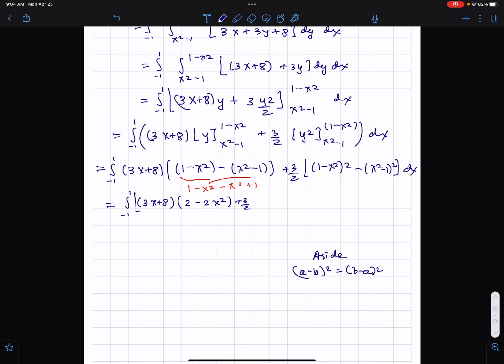Because, I mean, you can just check it out. A squared minus 2ab plus b squared, and this one is b squared minus 2ab plus a squared. I mean, they're the same. And so this part here is equal to 0, isn't it, right? 1 minus x squared squared and x squared minus 1 squared, they're the same.